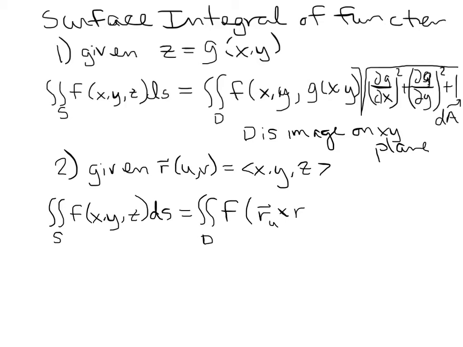I'm sorry, that is not quite right. Let's try this again. The function is evaluated at r, meaning you're going to plug in x, y, and z into the function, and then multiply it by the magnitude of r sub u cross r sub v dA.